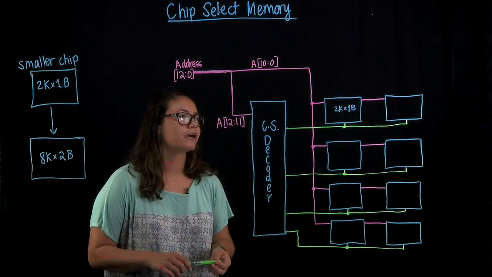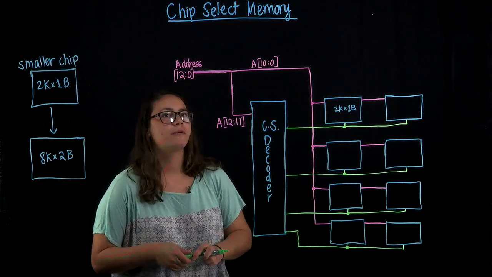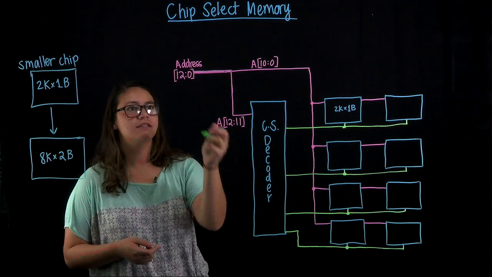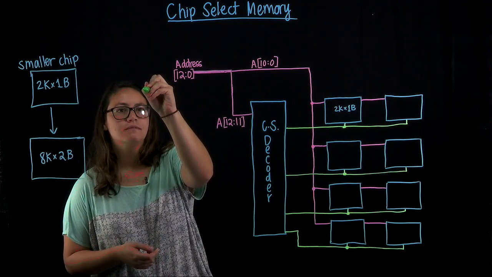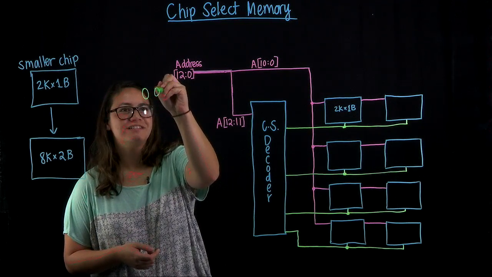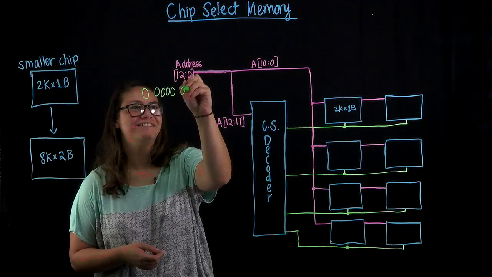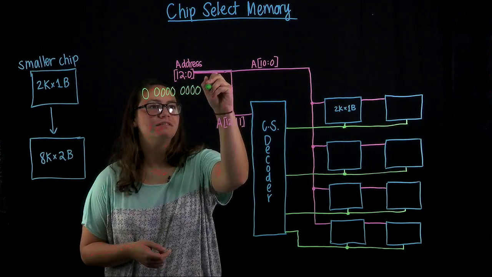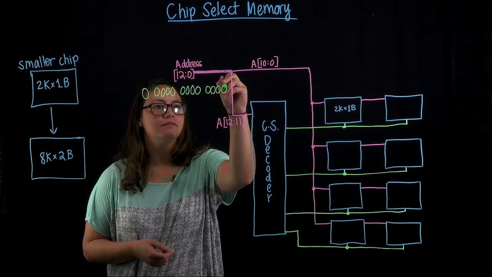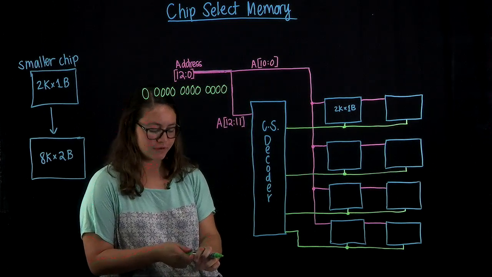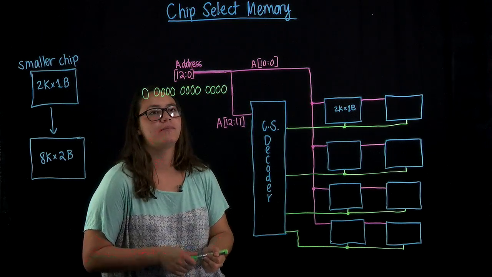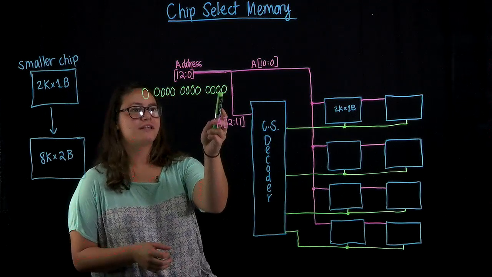So how this is going to work is if we put in an address of all zeros, so the first address, and that's 13 bits.